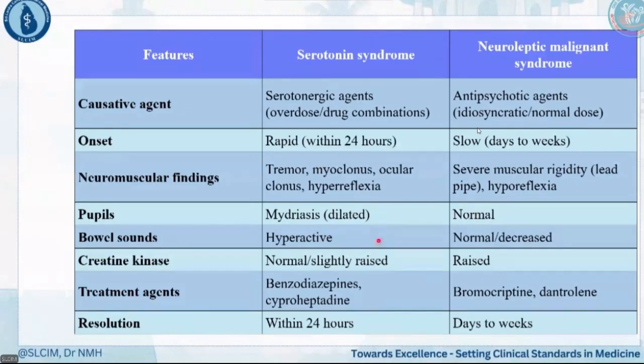So you will be able to differentiate between the two syndromes. And serotonin syndrome resolves within 24 hours, but neuroleptic malignant syndrome takes days to weeks. The muscular rigidity is also more severe, lead pipe, in neuroleptic malignant syndrome. So these are the differentiating features.